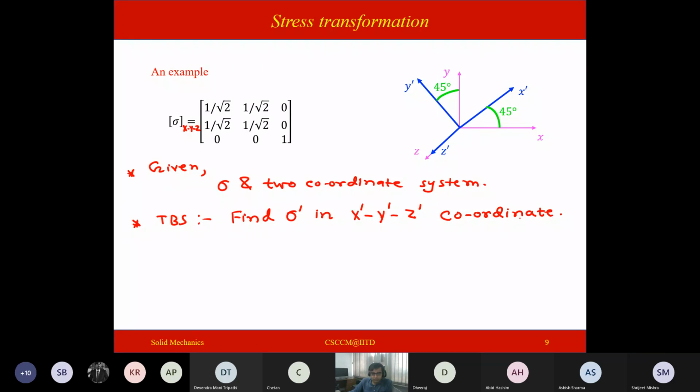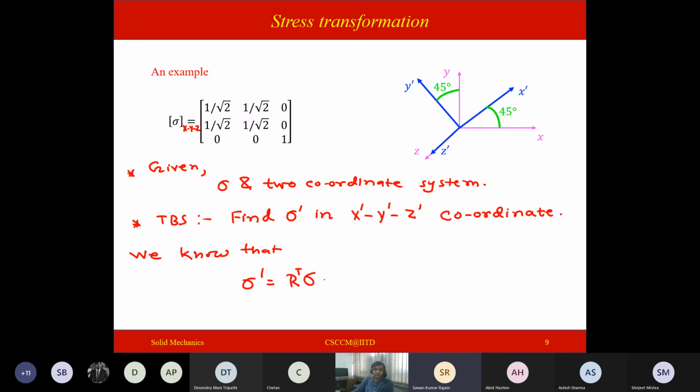So can any of you or one of you tell me how sigma prime is related to sigma? Sir, it is equal to R transpose into sigma into R. Thank you.